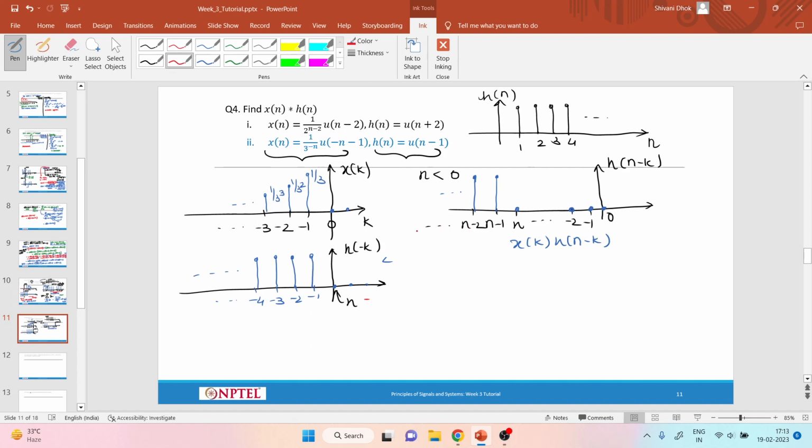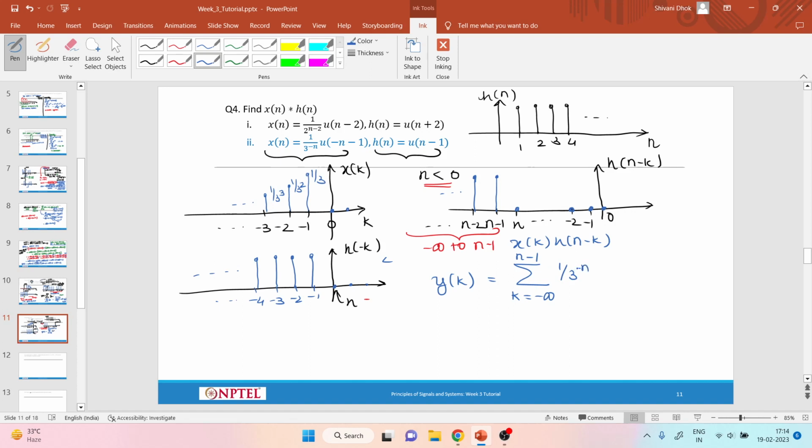So my region of overlap is minus infinity to n minus 1 when my n is less than 0. So this I can solve. For this case, my y of n is equal to summation, k running over the region of overlap, from minus infinity to n minus 1. In this region, my x of k is 1 by 3 power minus k.